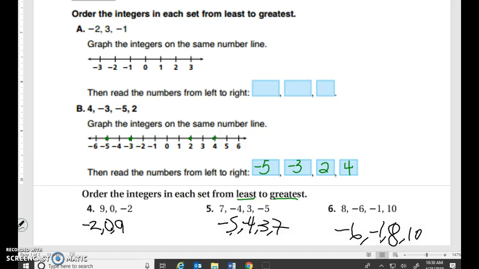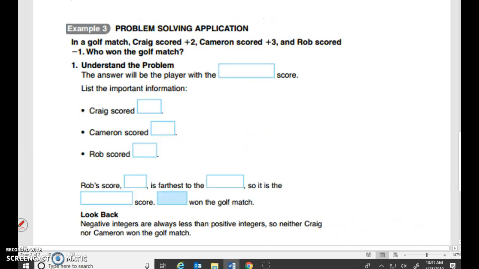Remember, I'm going from the left to the right of the number line. Then I have -5, then -4, then 3, then 7. 6, I have a -6, a -1, then 8, then 10. Perfect, very nice.